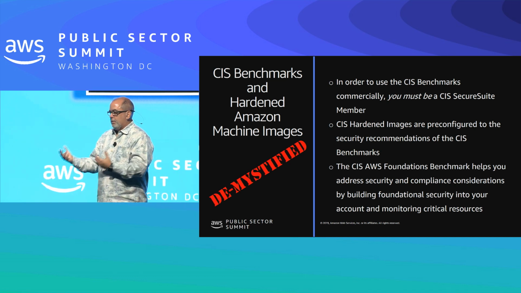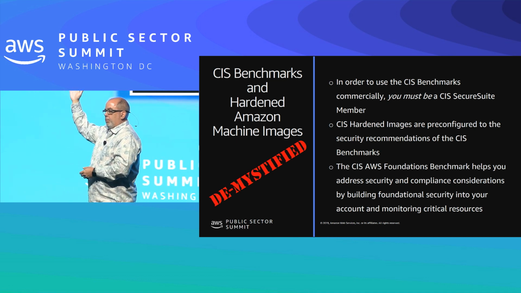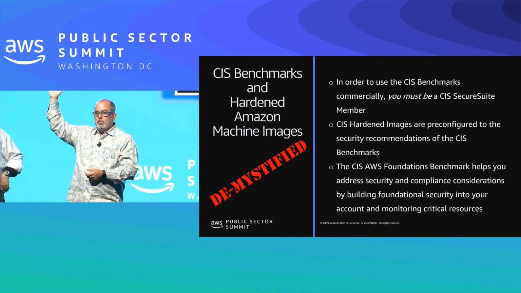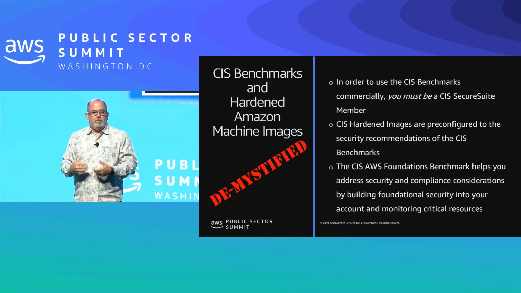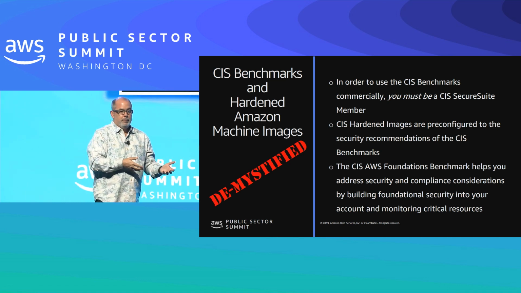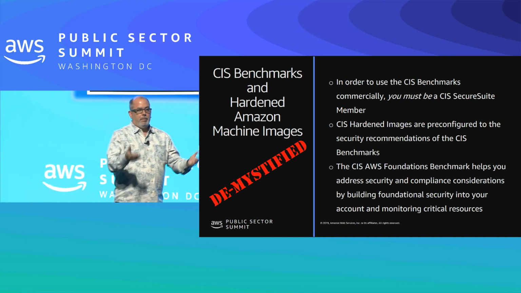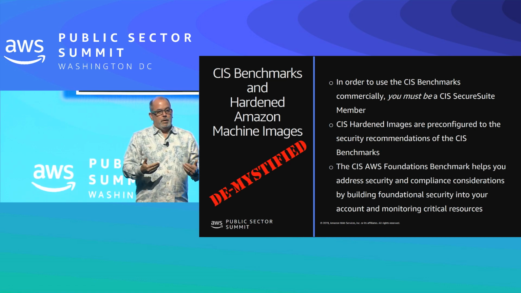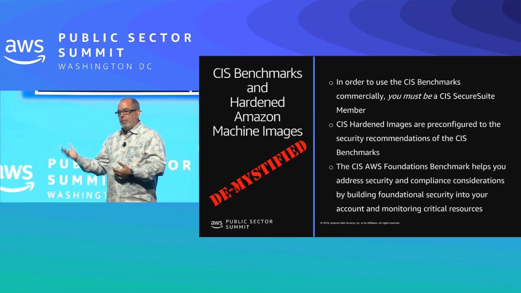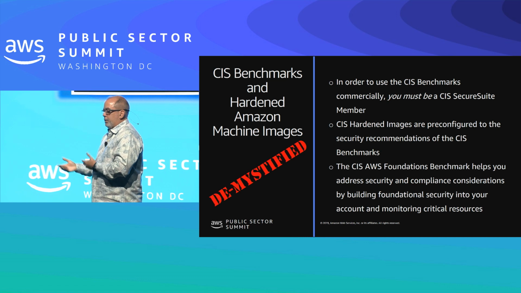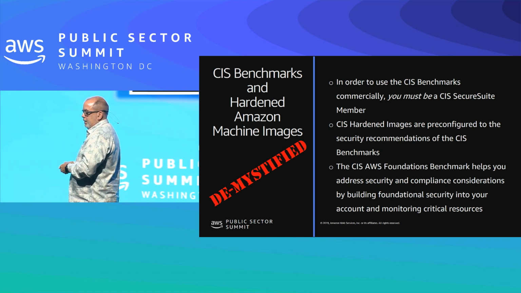The same thing with AWS Quick Starts, how many people have heard of those? We automated the CIS Foundation as a Quick Start a couple of years ago, but it wasn't in scope for our existing SecureSuite membership, so we had to go back and update that and get it set up.